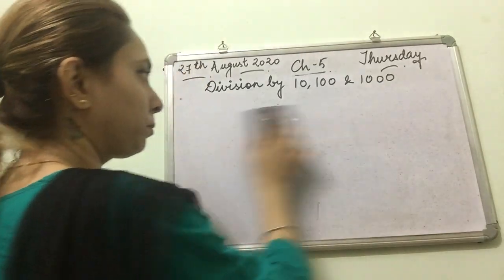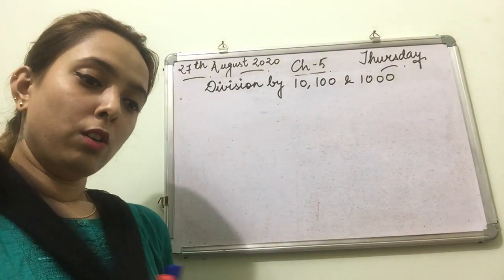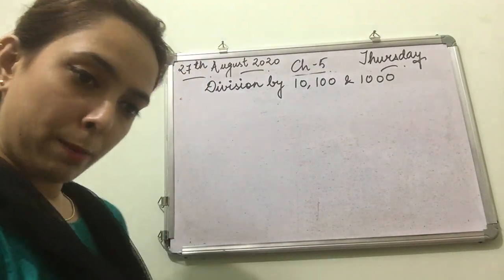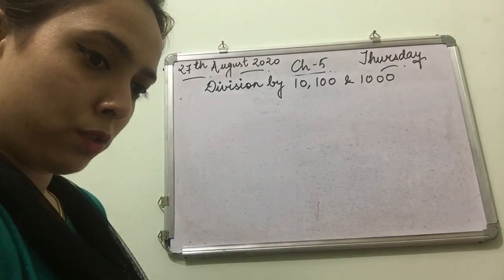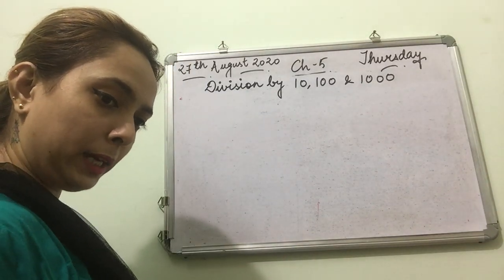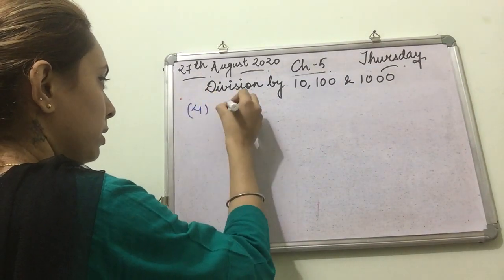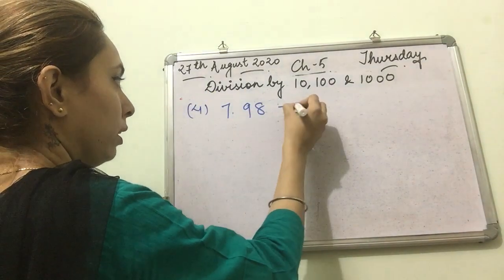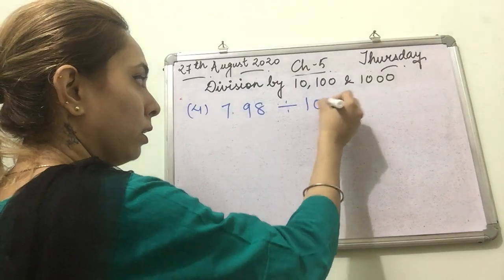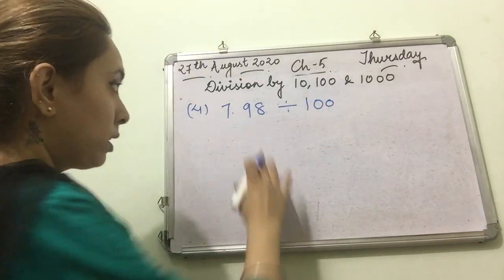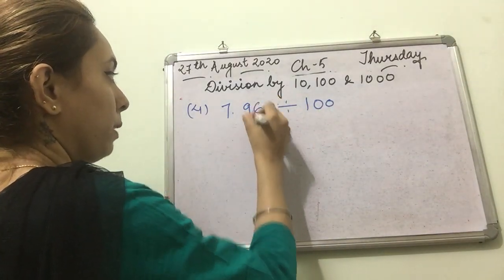Exercise 5.15. So here I am just taking one question from your book only. Let's take the fourth sum, 7.96 divided by 100.